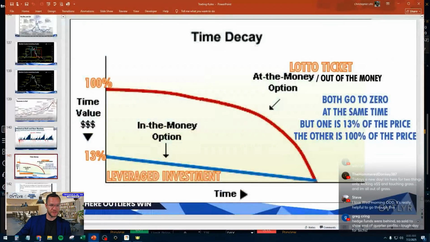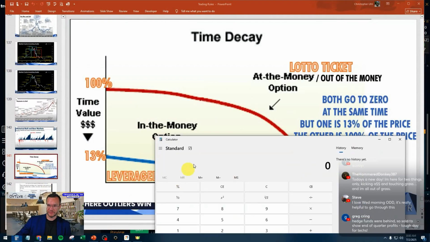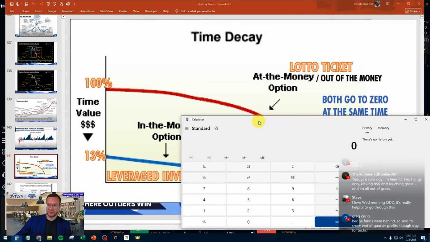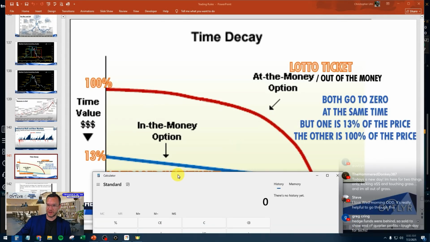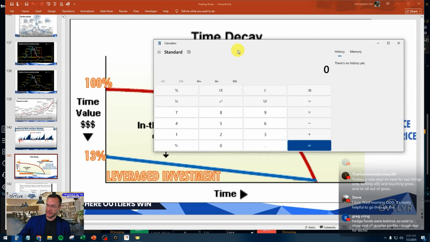So in this case, looking at this, right, if both of these two options have extrinsic value, yet one of them is 13% extrinsic, and let's say that it's 16 days to expiration. So 0.13 divided by 16, times 100, means 0.81% of this will decline per day in extrinsic value.